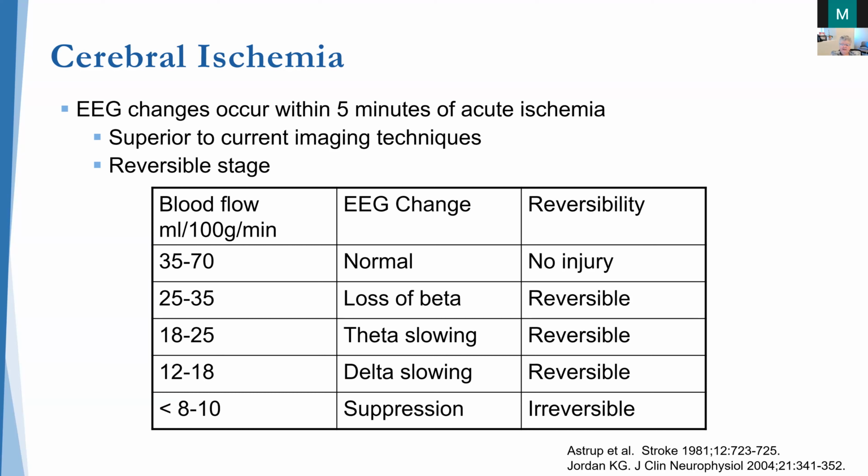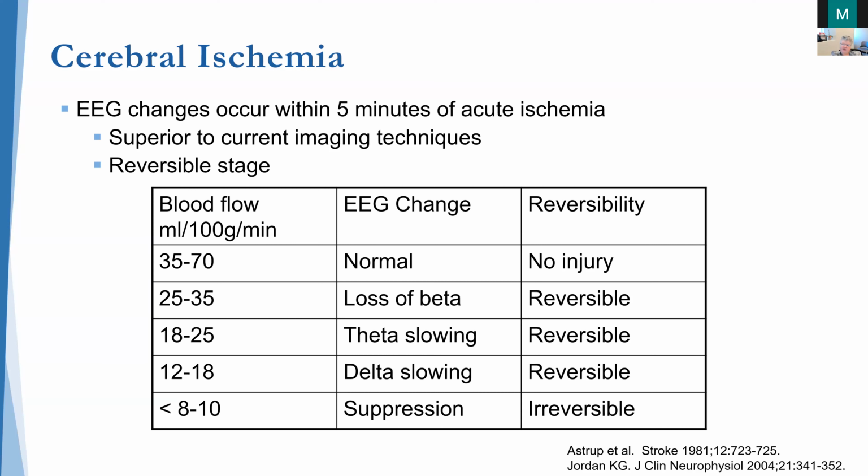So when we see decreases in cerebral blood flow from the normal range of about 35 to 70 milliliters per 100 grams per minute, the first change that we see with slight decreases in blood flow is loss of fast activity, loss of beta activity. With more severe decreases in blood flow, we'll start to see slowing of the background, initially theta slowing, and then delta slowing.